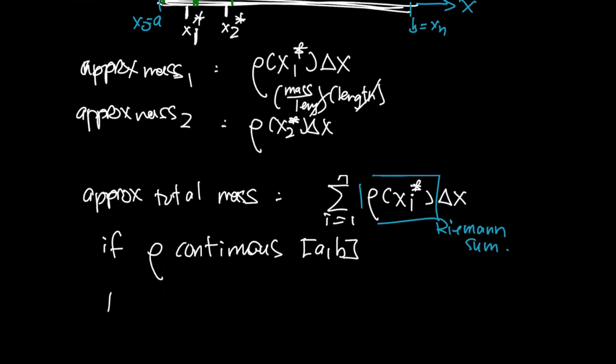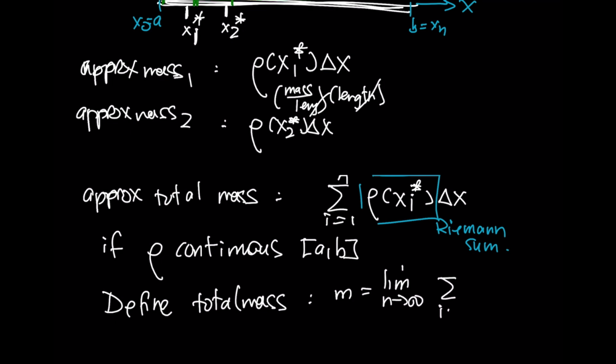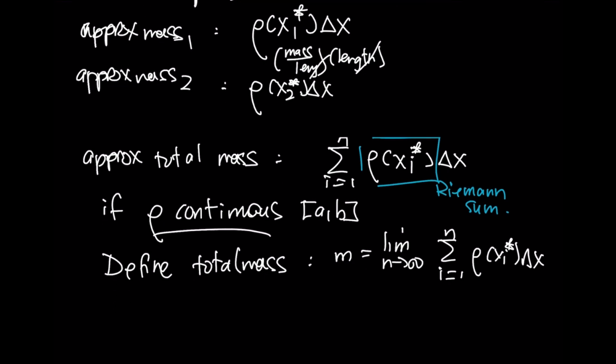So we are going to define the total mass of this continuous distribution as the limit as n goes to infinity, sum i equals 1 to n, rho of xi star, delta x. And because we are assuming that my function is continuous, I know that this will translate into an integral of this density function. That's how I'm going to come up with the total mass.